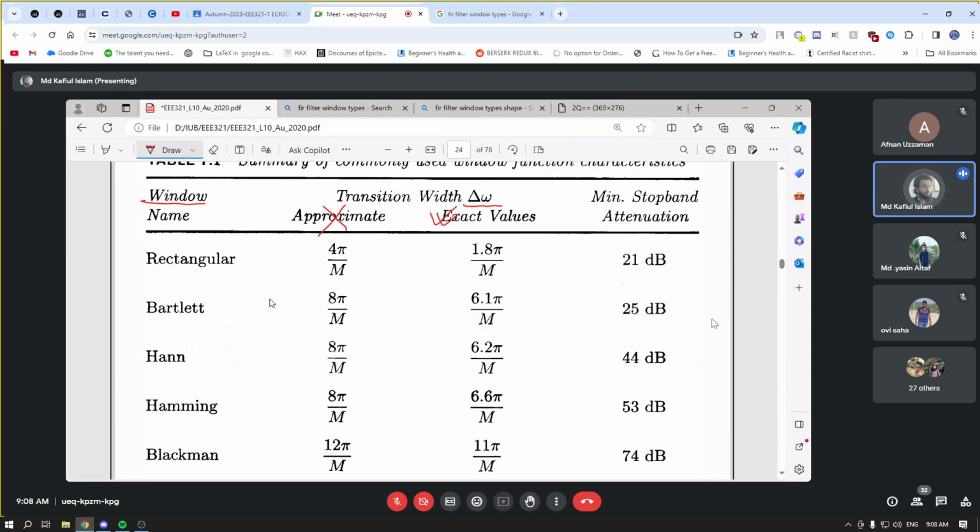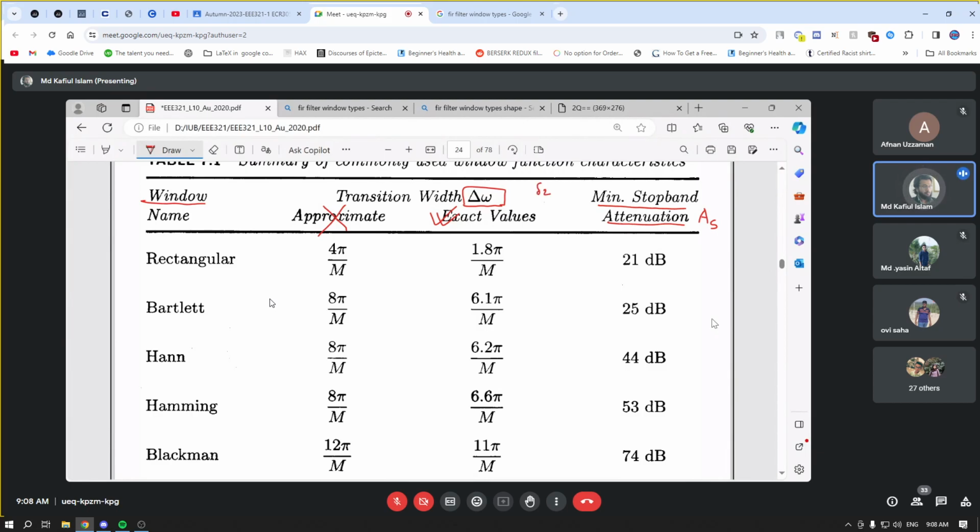Both of them are talking about the transition bandwidth, right? And then we have the minimum stop band attenuation, that means it is AS. Now remember, what was the formula for AS?